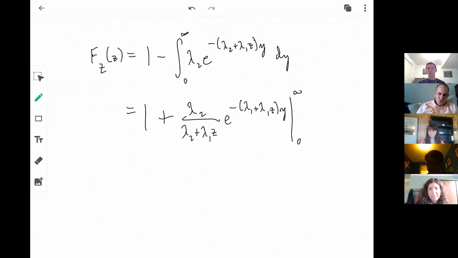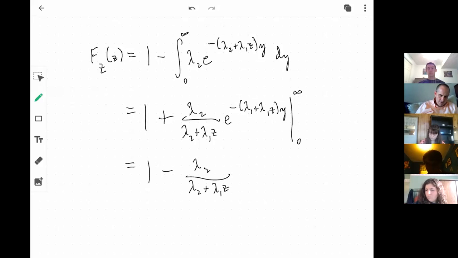Okay, y goes to infinity, right? And so this is y equal to 0 to y going to infinity. That exponent goes to negative infinity, so the exponential goes to 0. That's going to be minus that thing evaluated at y equal to 0. So this is going to be 1 minus lambda 2 over lambda 2 plus lambda 1 z.